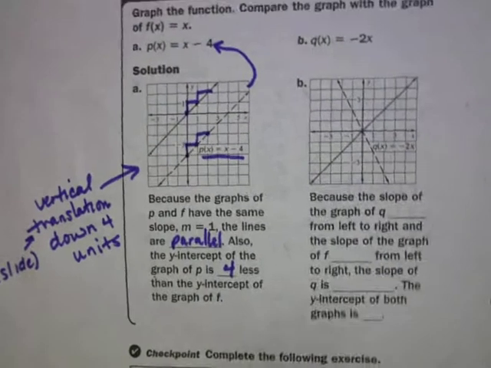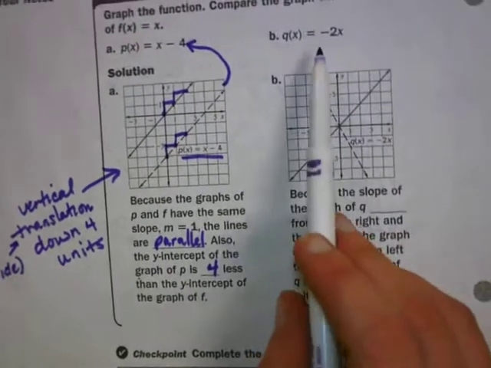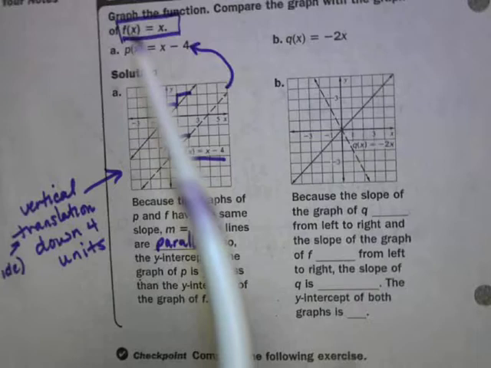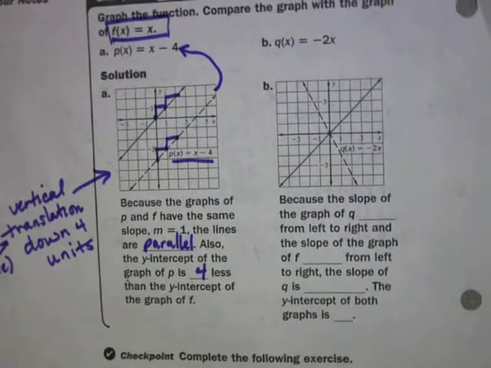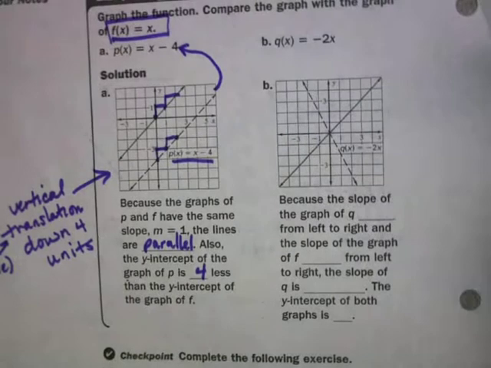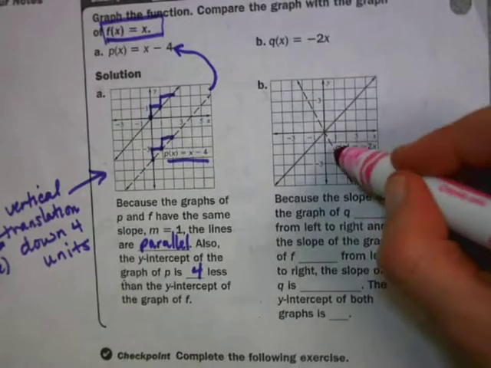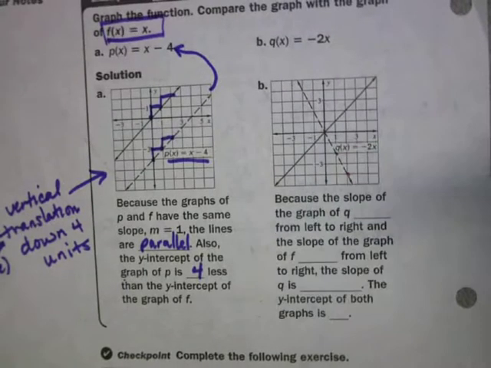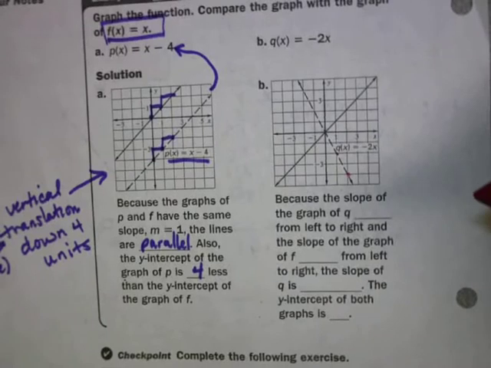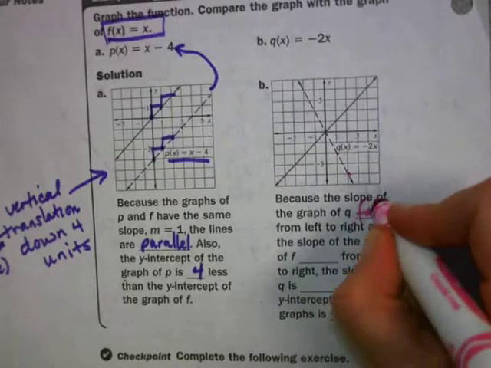Okay, so now how does q of x compare to the parent function f of x equals x? So what we're going to do here is graph it as well. It happens to be direct variation, doesn't it? Because its y-intercept is at 0, and it went down 1, right 1, down 1, right 1. So we would say this graph falls from left to right.